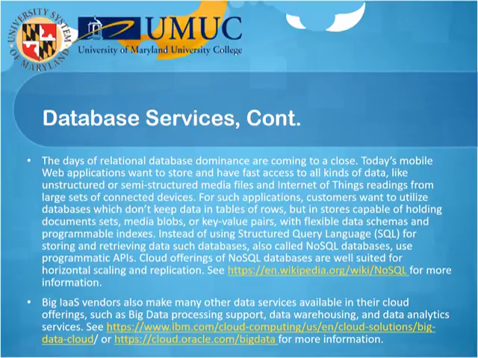Instead of using structured query language or SQL for storing and retrieving data, such databases, also called NoSQL databases, use programmatic APIs. Cloud offerings of NoSQL databases are well suited for horizontal scaling and replication. See the link provided for more information.